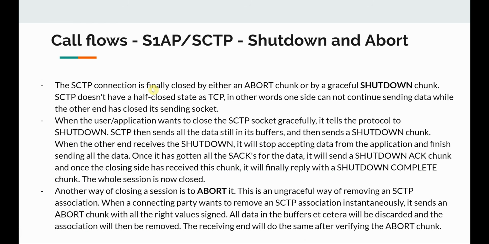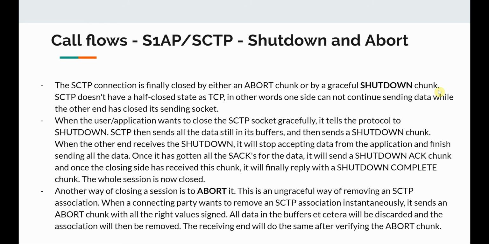The SCTP connection is finally closed by either an abort chunk or by a graceful shutdown chunk. So let us see why that would happen. If you remember in the previous slide, I said every peer sends a heartbeat at every predefined interval and it expects a response within a time window. Now, if that response keeps coming in, everything is fine.